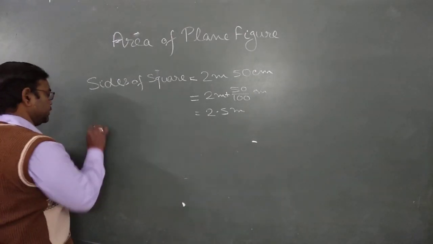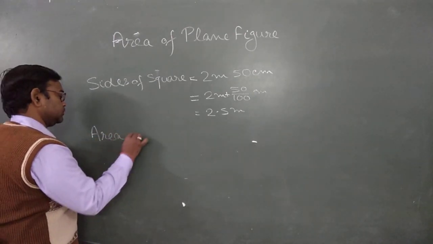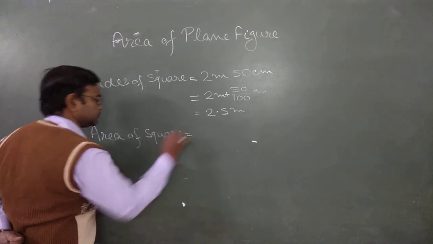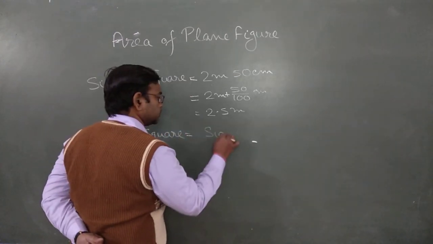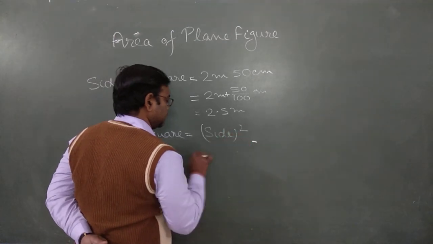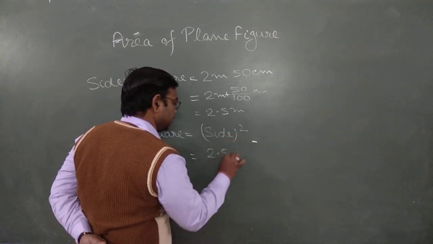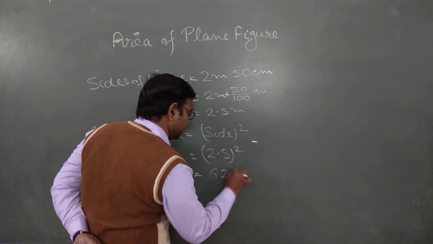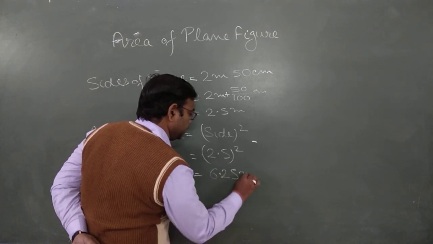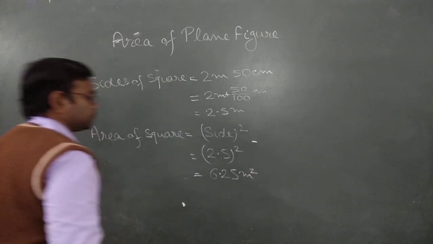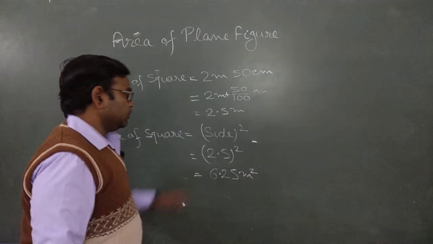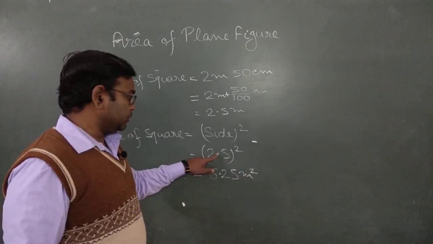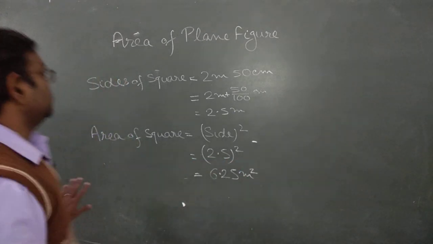So the area of a square is side square, 2.5 whole square, which is 6.25 meter square. Why? Because if you multiply 2.5 by 2.5, we get this result. Be careful about the decimal sign.